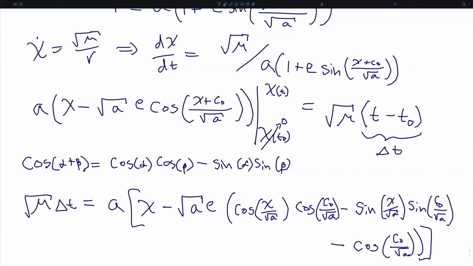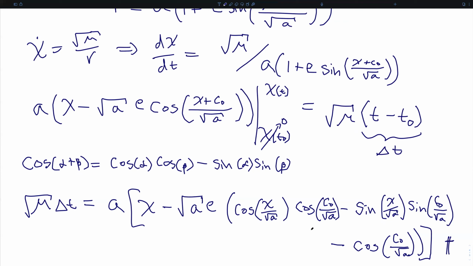We've applied the angle summation formula to get this form, and we've applied that chi at time t naught is equal to 0. And so these are the only terms that are left. This is another important expression that we're going to want to come back to. So we're going to give it a little text dagger.